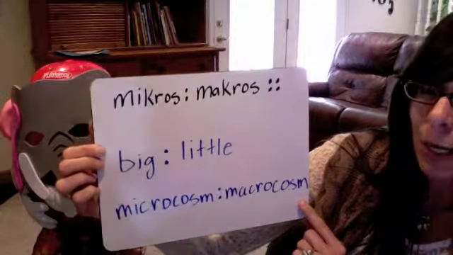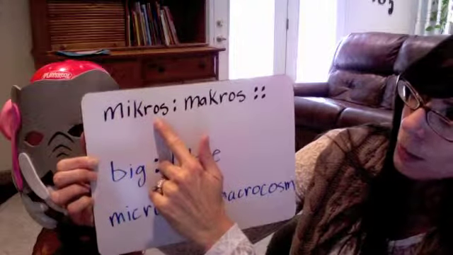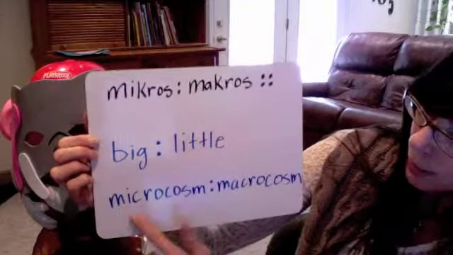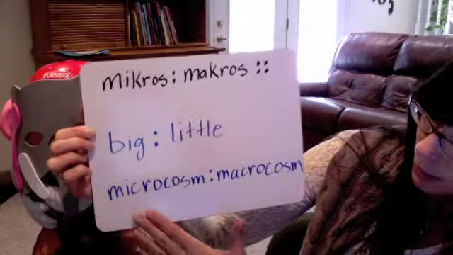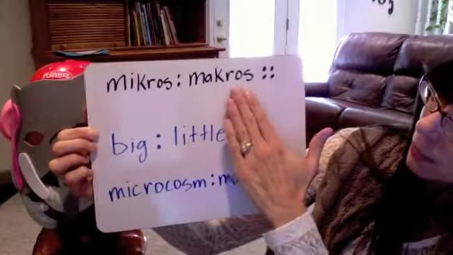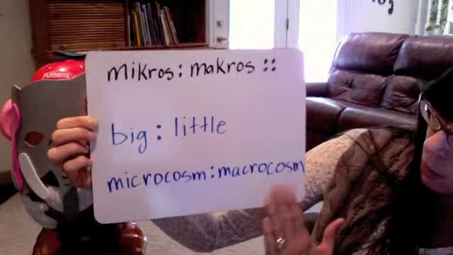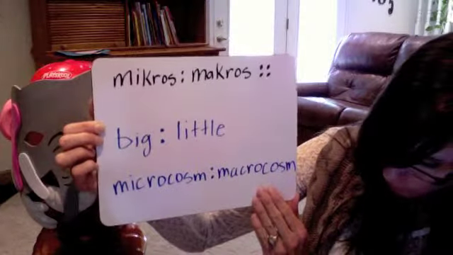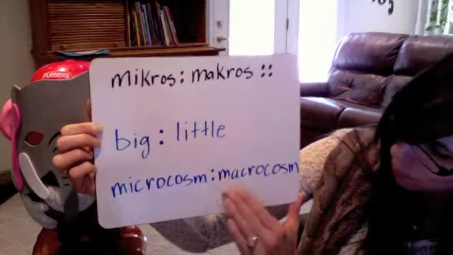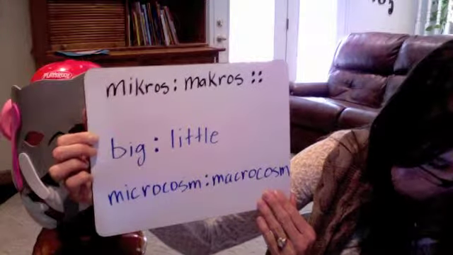So that is a relationship. You can see the relationship there. The first word on this side of the semicolon is related to the first word on this side of the semicolon. Macros, which is on the second part of the semicolon, is related to macrocosm on this second side. And then this one means the universe, the great whole universe.